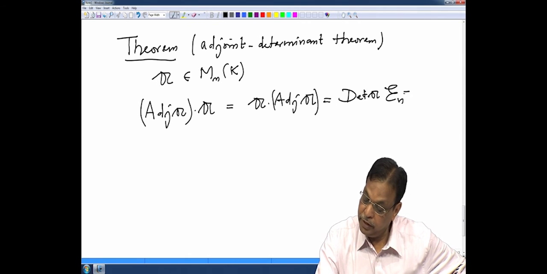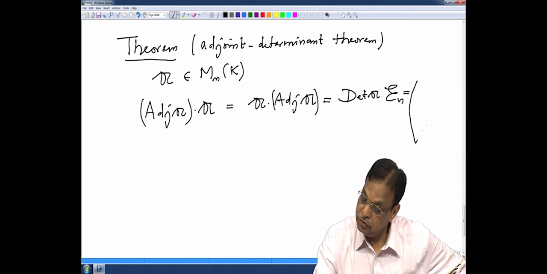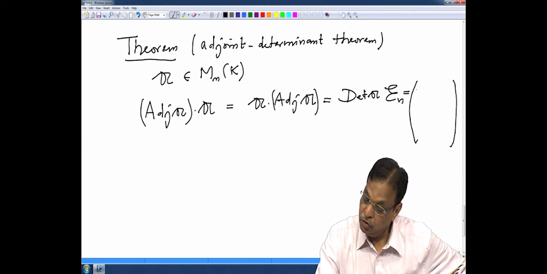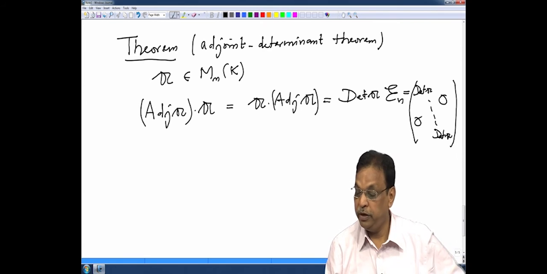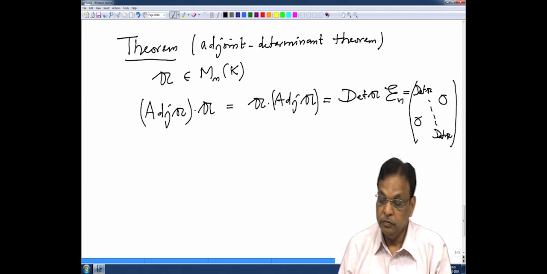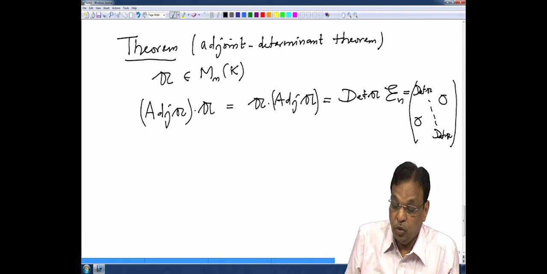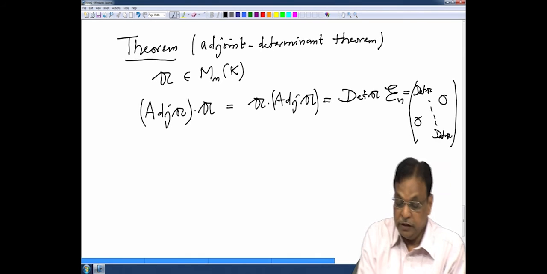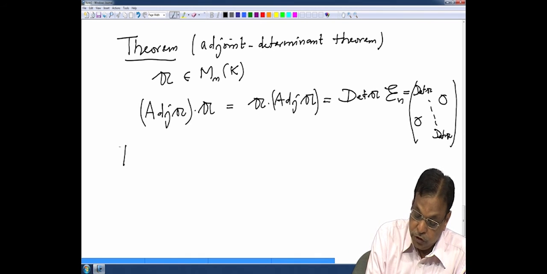So, remember this is a diagonal matrix with determinant A on the diagonal and 0 elsewhere. Let us prove this first and then we will draw the consequences.